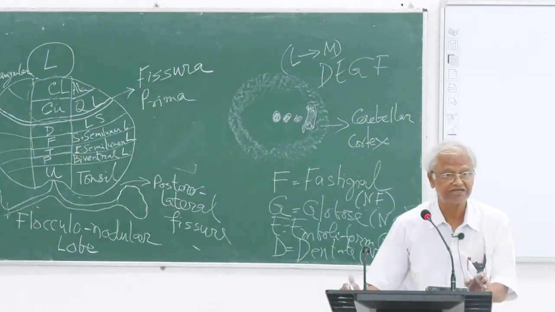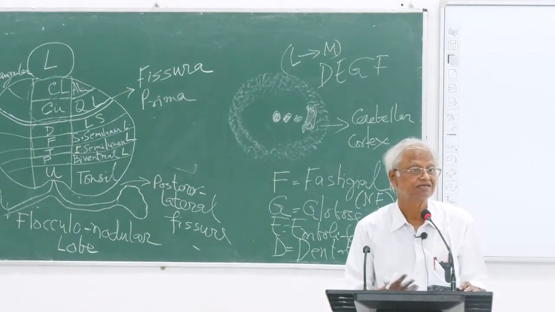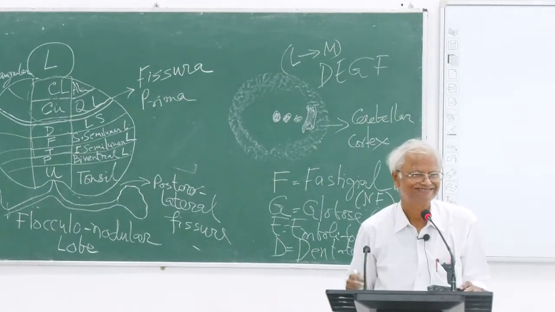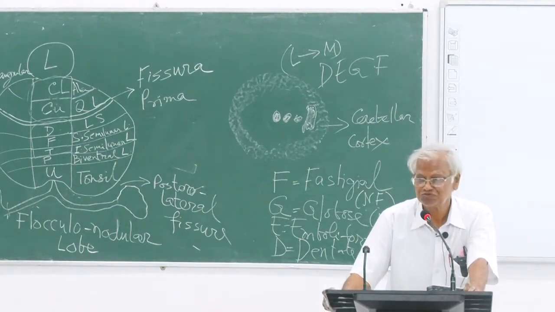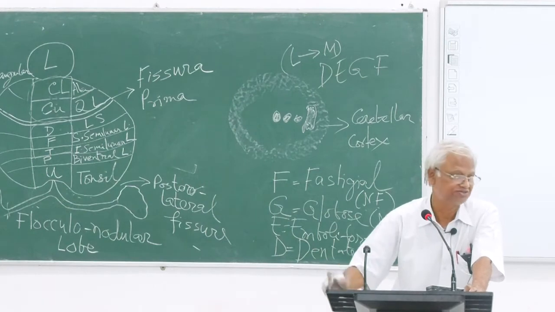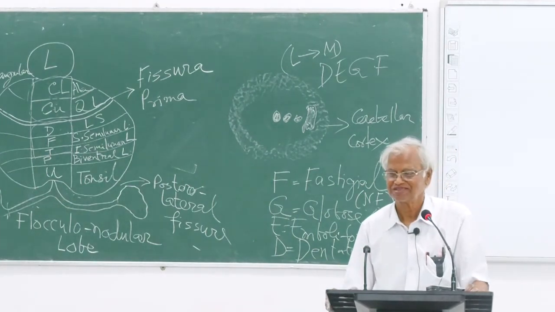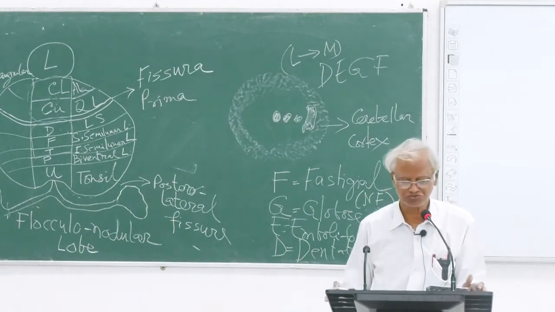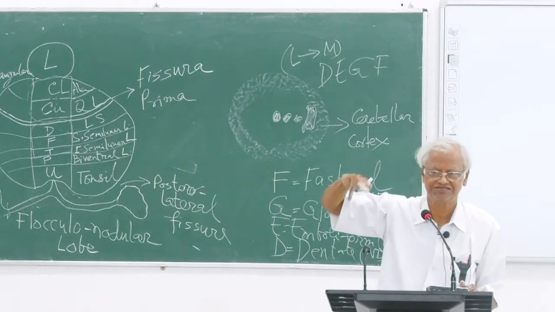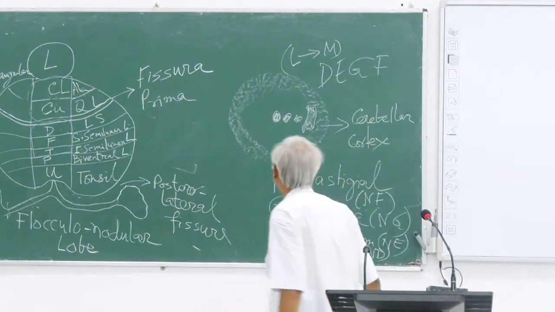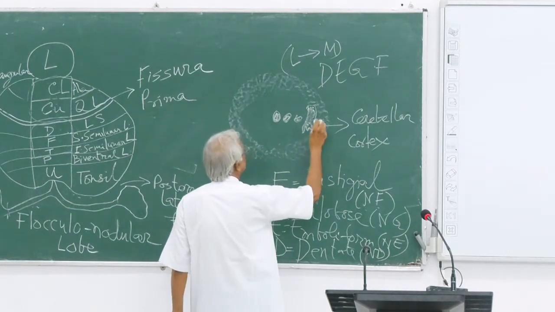Why is it called dentatus? It is shaped like a tooth. Dental. What happens when you have a tooth problem? You go to the dentist. Dentum and tooth are the same. It looks like a tooth, with serrations.